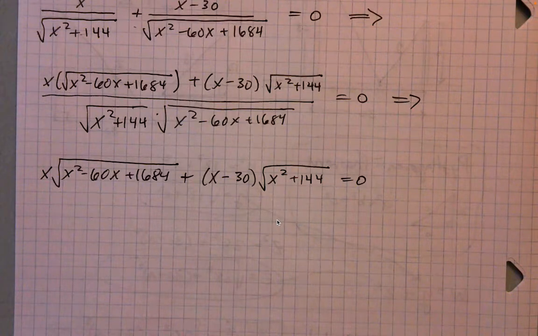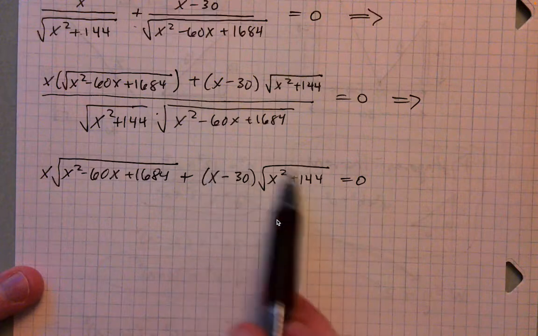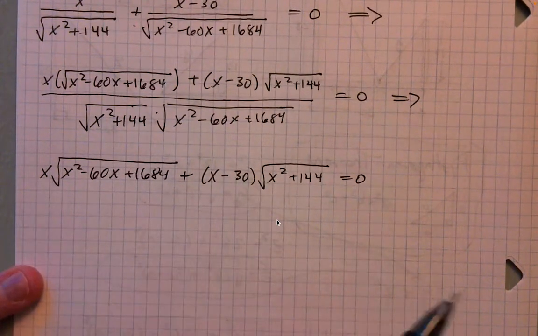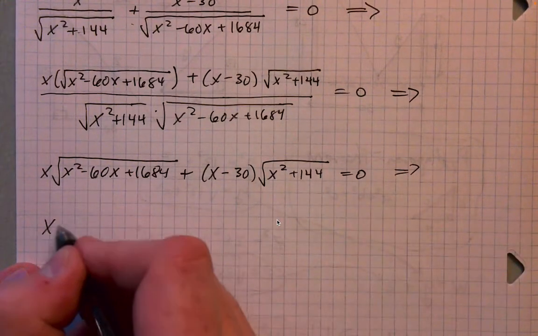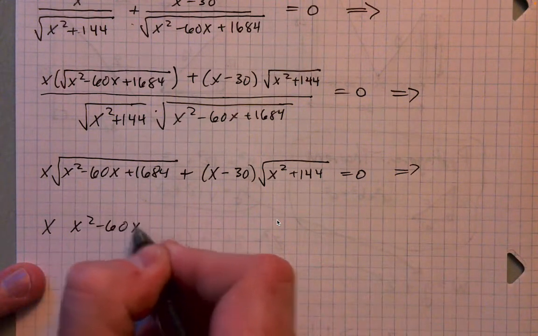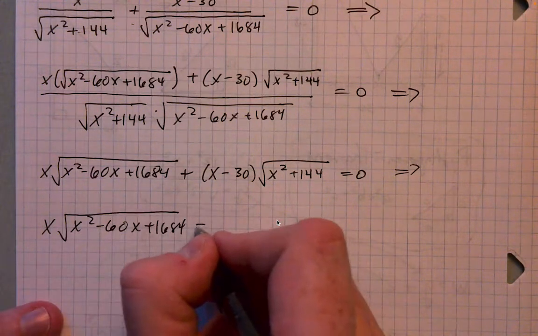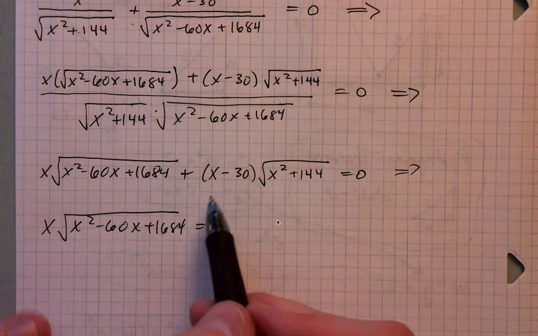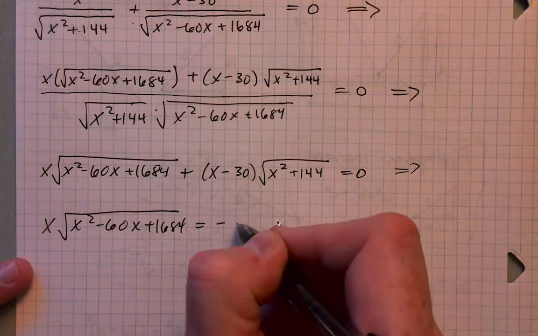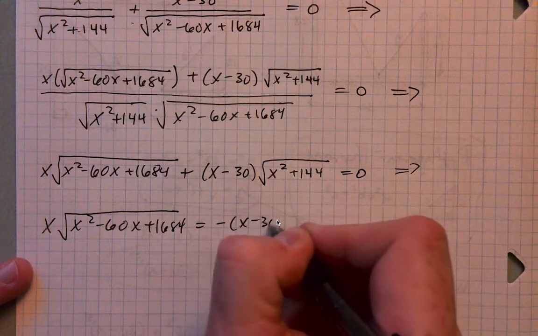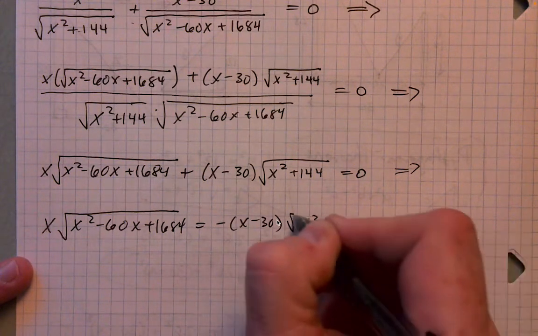How are we going to deal with that? Well, what you can do is take this guy here and throw it on the other side. You basically got two terms. So if you have one term on both sides, it's very easy to work with. So we're going to do that quick. So I've got this one here, and then I'm going to move this one over to the other side of the equal sign, and then you get this negative x minus 30 times the square root of x squared plus 144, like so.